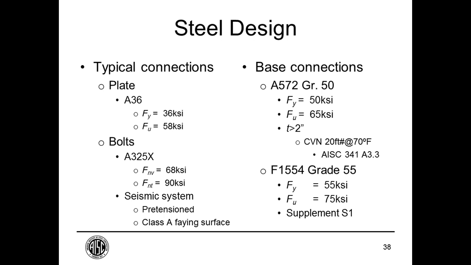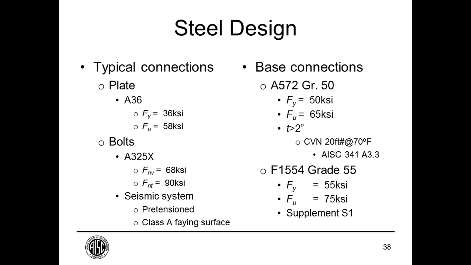Yes, so for example, on this slide, where we have a plate material thicker than 2 inches, if you go to AISC 341, Section A3.3, it says where you use such material as part of your seismic load resisting system, you should require it to have a Charpy V-notch toughness of 20 foot-pounds at 70 degrees.